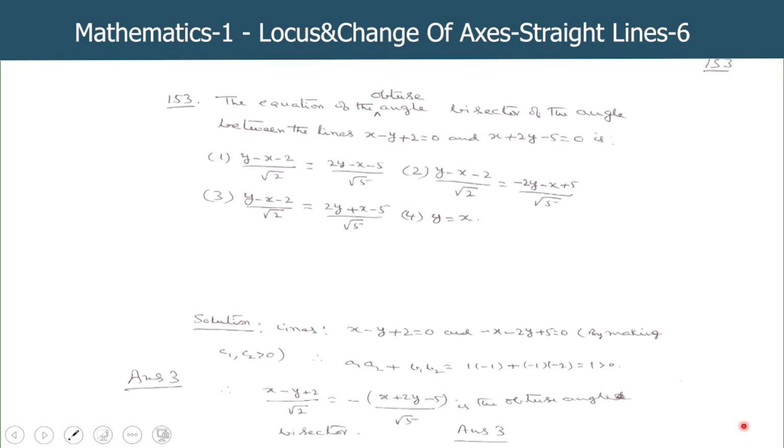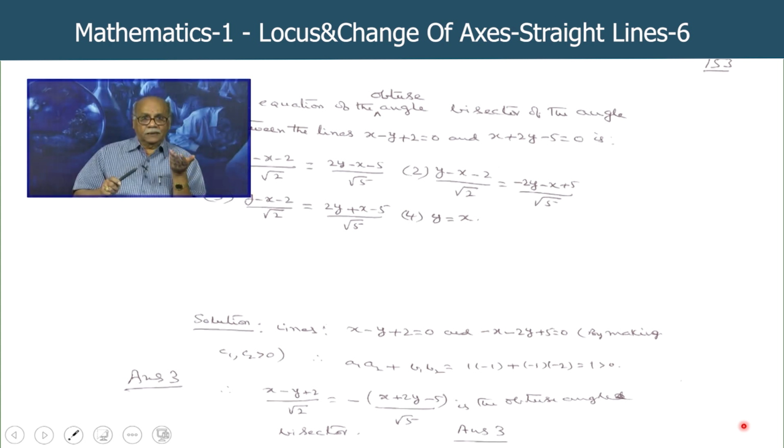If one of them is negative, multiply that equation with a minus sign. Understand? Then you regard them again as the equations a1x plus b1y plus c1, a2x plus b2y plus c2, etc. Now you calculate a1a2 plus b1b2 after making both C1, C2 positive.